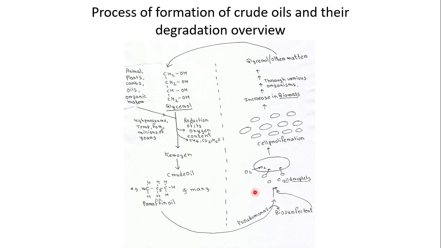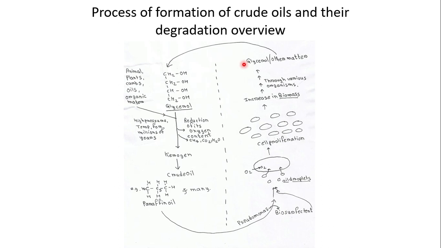And this increased biomass will be eaten by some other living thing, and then other higher living things, then more and more higher classes of living things, then by eukaryotes, and then by plants, and finally some part of this paraffin oil will get converted back to glycerol, and this cycle keeps going on.